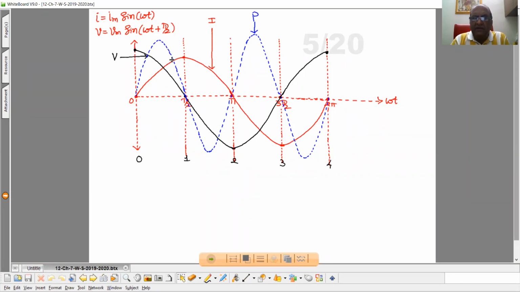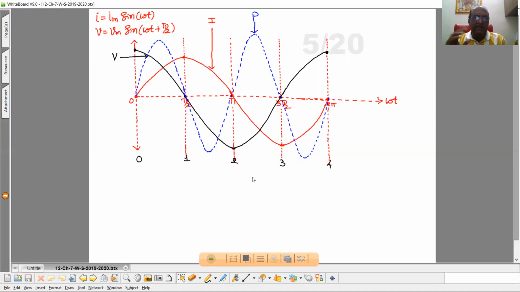Then at pi by 2, voltage is 0, current is maximum, so V into I is 0, power becomes 0. Then after that, current is positive, voltage is negative, therefore power is negative. Then again at pi, it is 0. So this blue curve is the graph of power versus omega t.